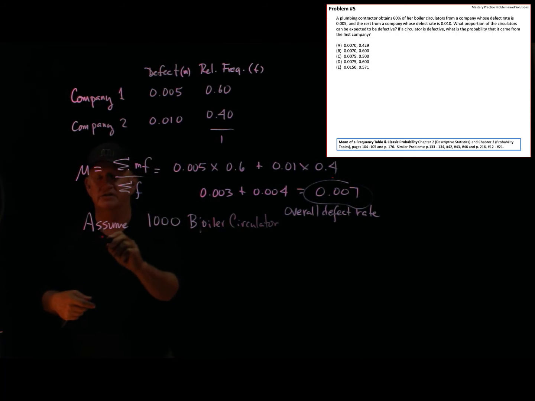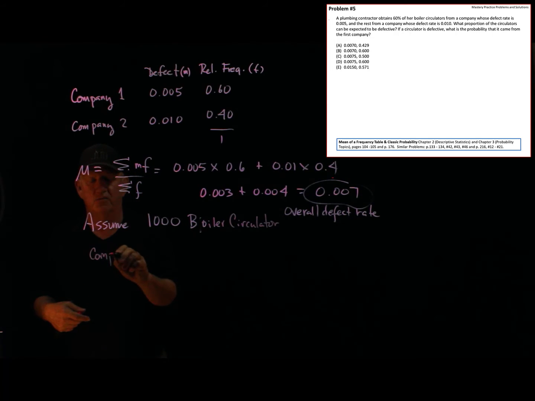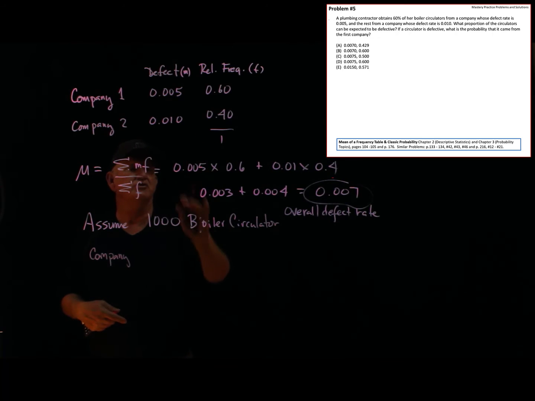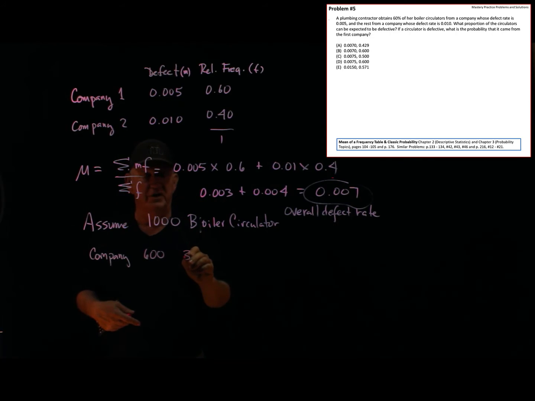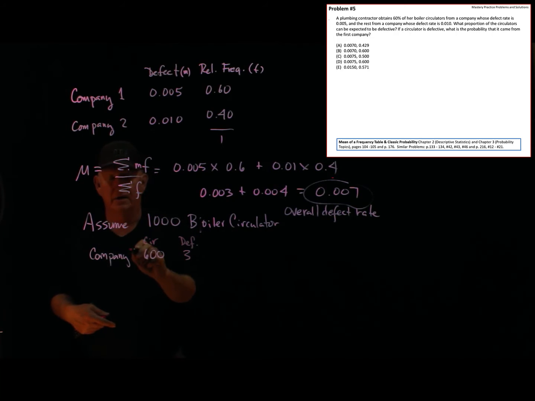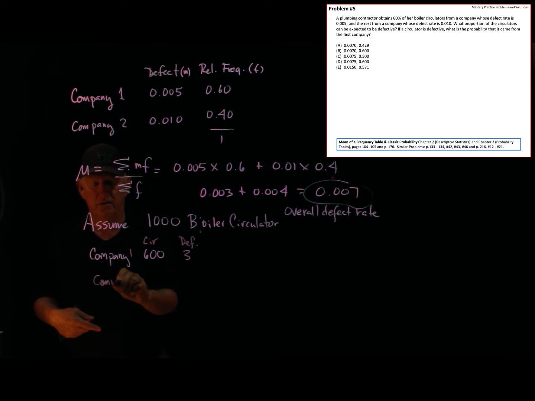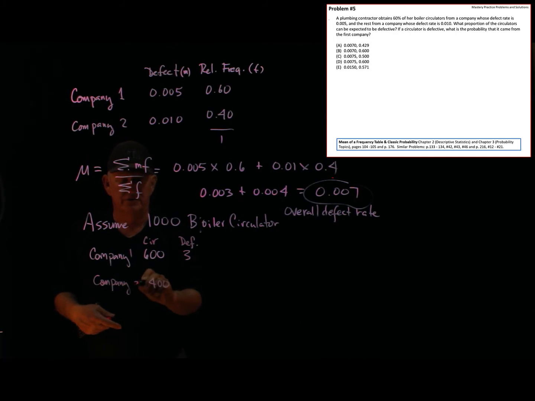Okay, and then we can put numbers against this, right? Then we would write this up here as company 1 has provided 60% of 1,000 or 600 circulators, and it turns out 600 times 0.005, or 3, are defective. And company 2 has provided 400 circulators.